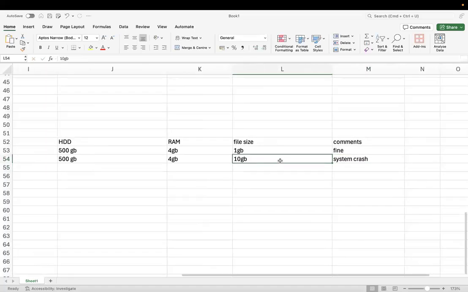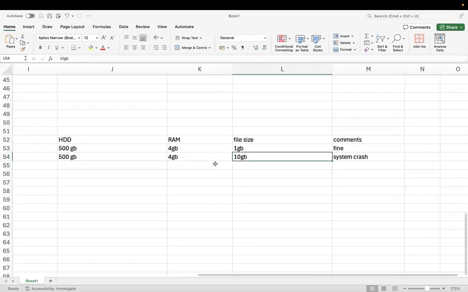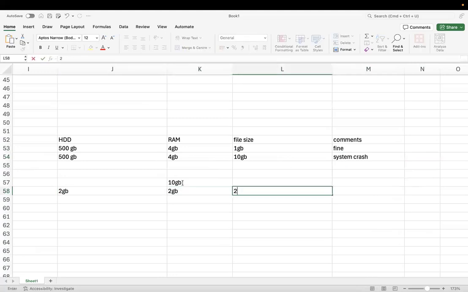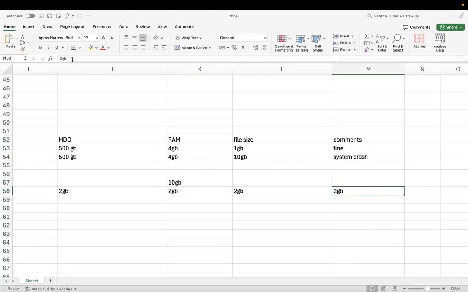So to avoid this, to read data that is greater than your RAM, instead of using a single machine, we are going to distribute this 10 GB as 2 GB per machine. Or rather, let's make it 2.5.